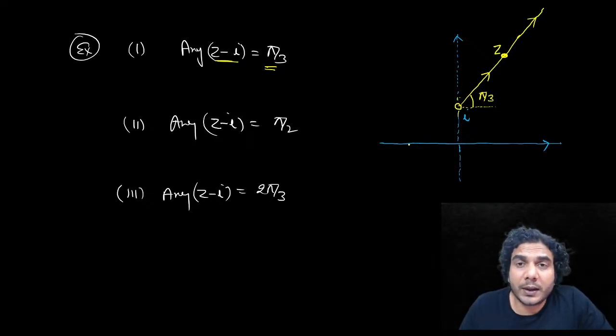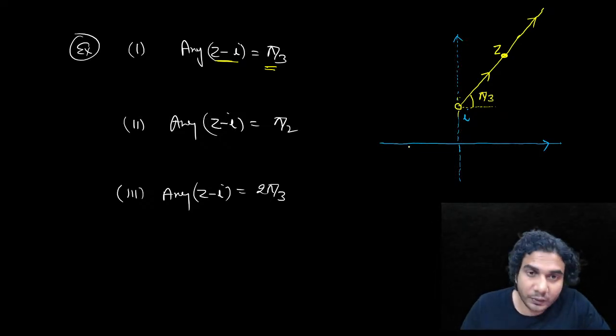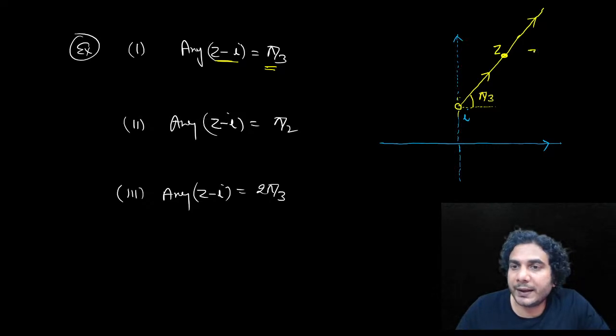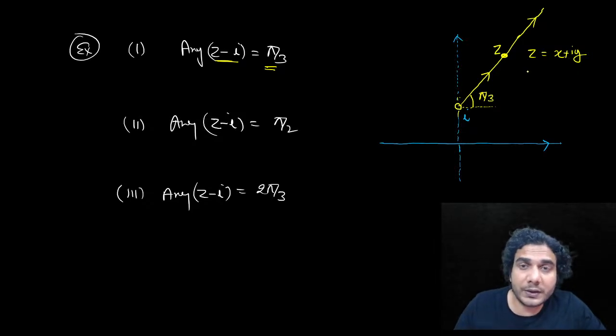Can you write the Cartesian equation of this line, I mean, the equation of this line whose part is this ray? If you want to write a relation in x and y, say your z is x plus iy, then x and y will satisfy a Cartesian relation.